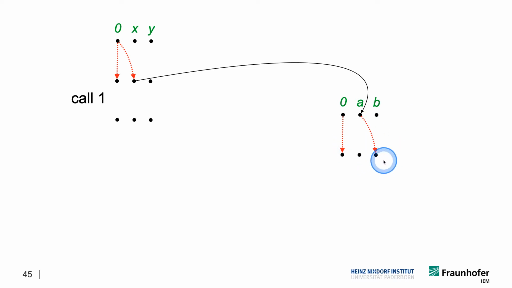Now just for the sake of the example, let's assume that the return statement maps B to Y here. So after this call statement, we have the situation that now Y is tainted and X is no longer tainted.